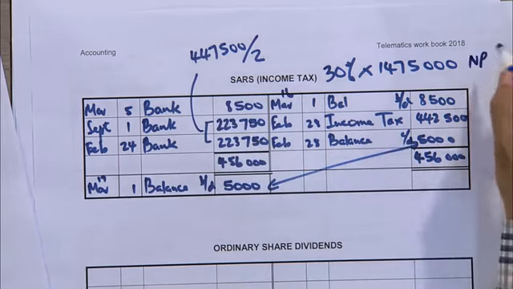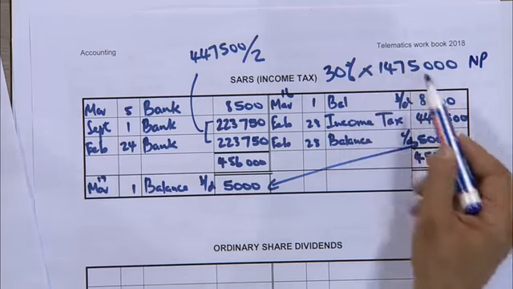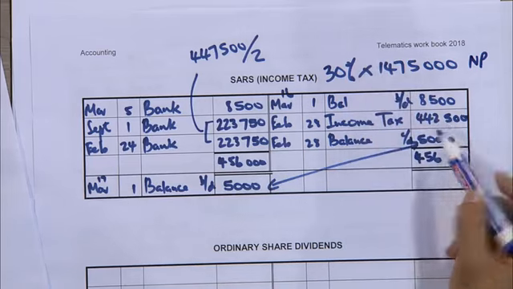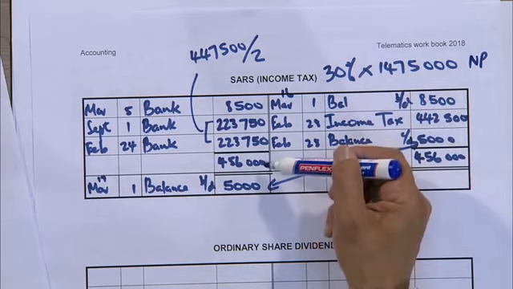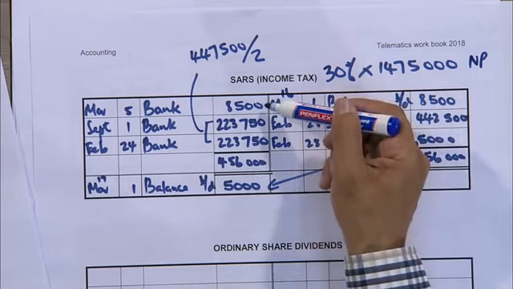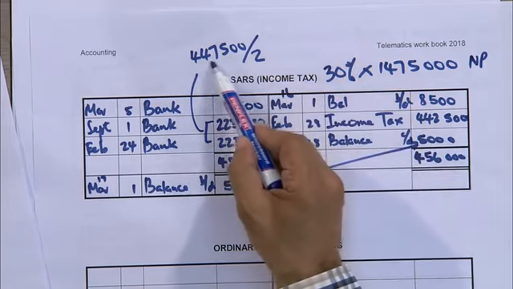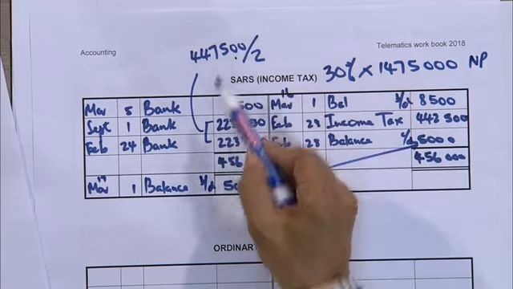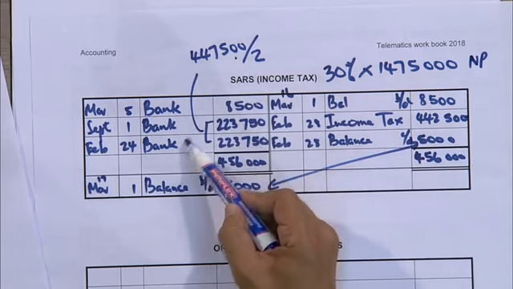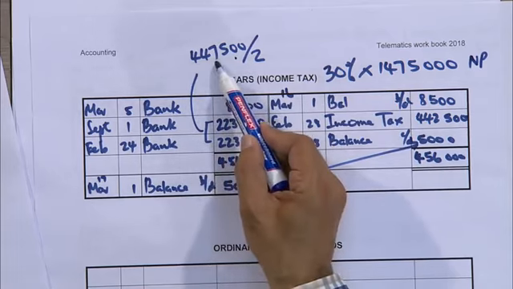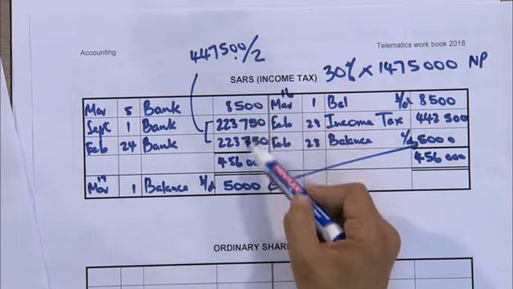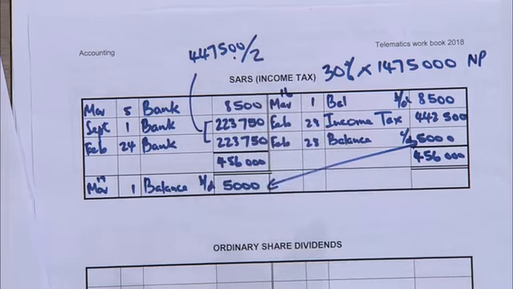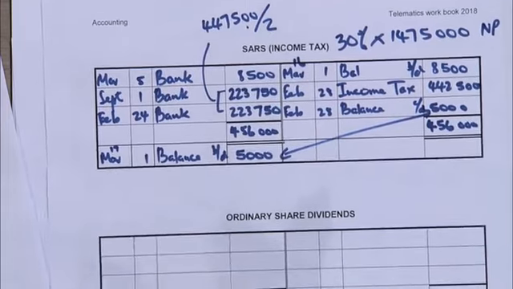That figure is my net profit over there. So I'll calculate 30% of that. I'll fill in the income tax. So I'm adding. I'll make that the total. So I take the 456 minus the 8,500. I get 447,500. So those two bank figures make up 447,500. And it says it's 2 equal payments. So I divide by 2 to get the amount that each one has to pay. Okay.